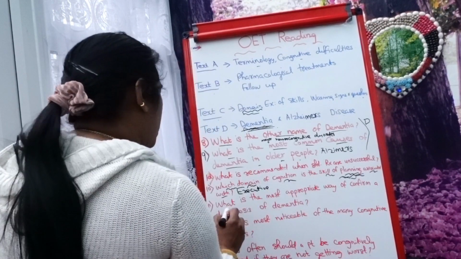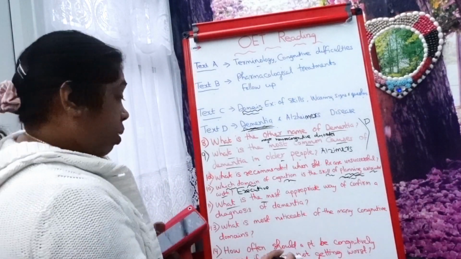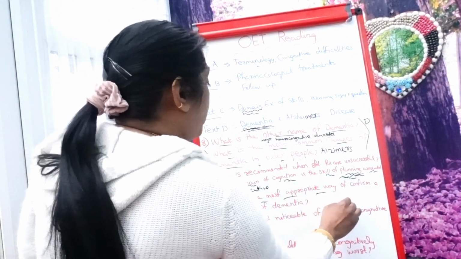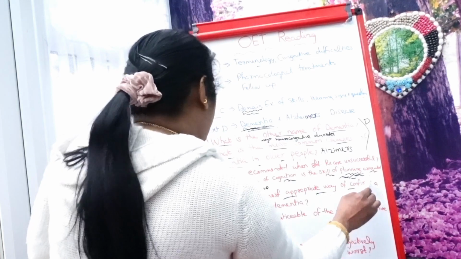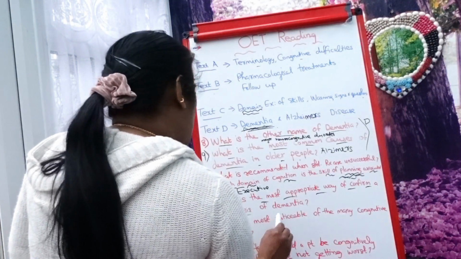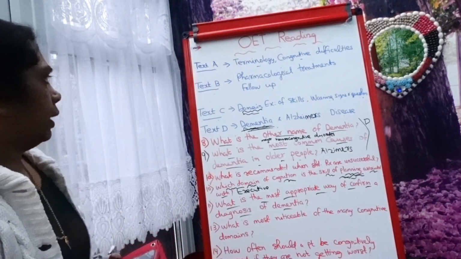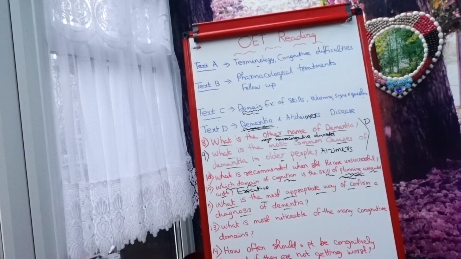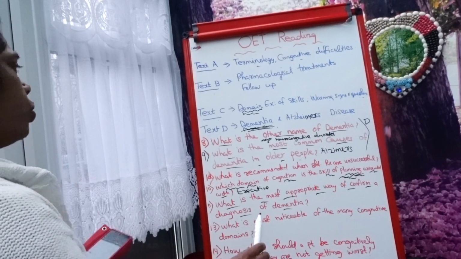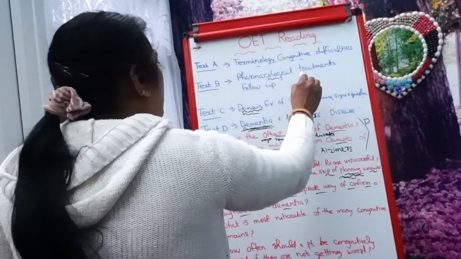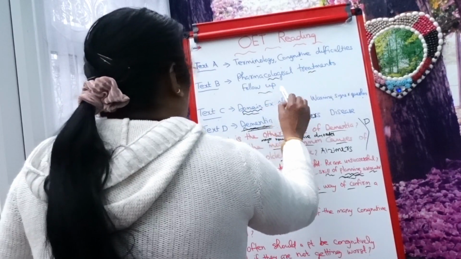So next question: what is the most appropriate way of confirming a diagnosis of dementia? Most probably it's in pharmacological treatment and follow-up. Let's see.